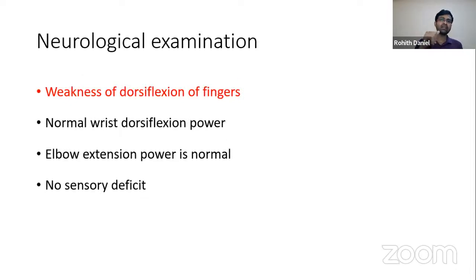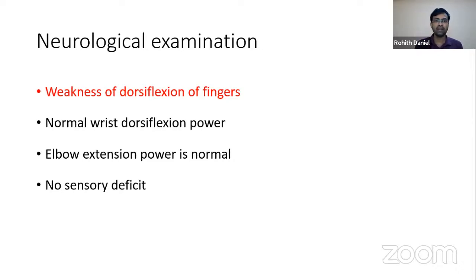I found that he had some weakness of extension of his fingers. But extension of his wrist was absolutely fine, no problem. Extension and flexion of the elbow also absolutely fine, no problem. Then I did a sensation test for the sensory deficit, and there were no sensory deficits as well. Only weakness of the dorsiflexion of fingers.